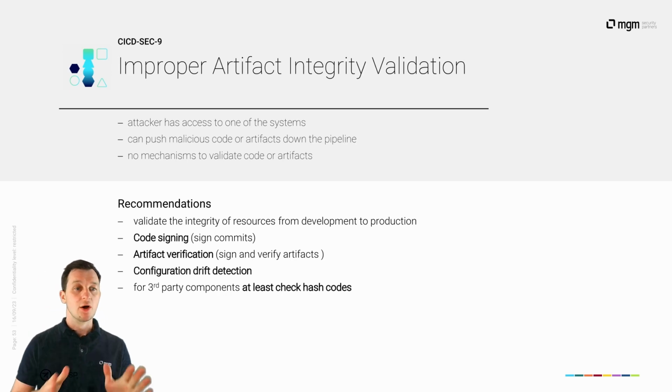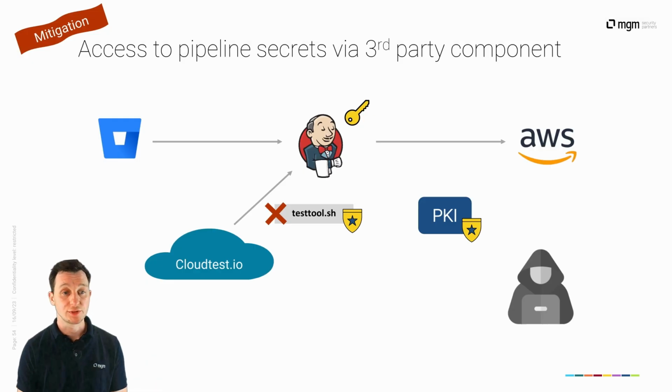Okay, so what would be the mitigation for this? The mitigation in this case could be that Cloud Test.io maybe has a public key infrastructure and would give out a signed version of test tool sh.